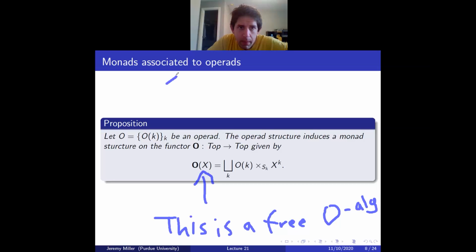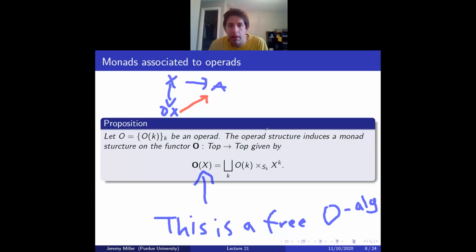Well, if A is an O algebra and X is some object, then if this horizontal arrow is a map in the underlying category, there's a unique red map like this, making the diagram commute, where the red map is a map of O algebras, and the blue maps are just maps in the underlying category.